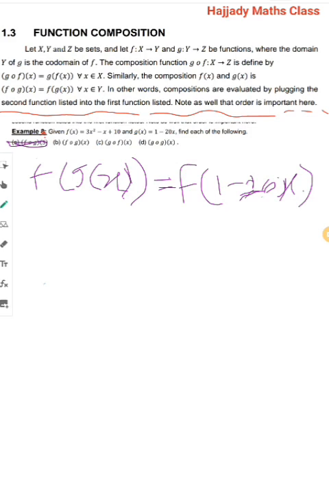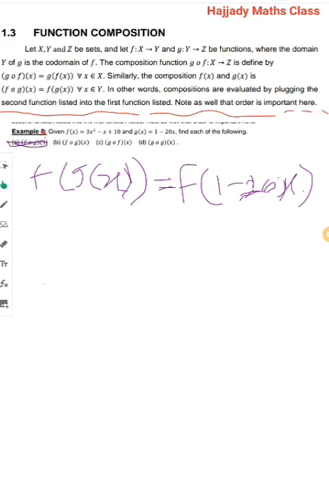Now, what's going to happen is this. Anywhere we have x, this will be replaced. Normally we have f of x, so instead of having x, we replace it with what? 1 minus 20x.